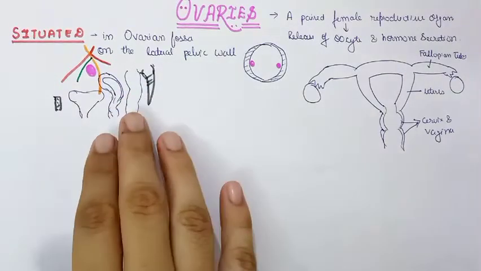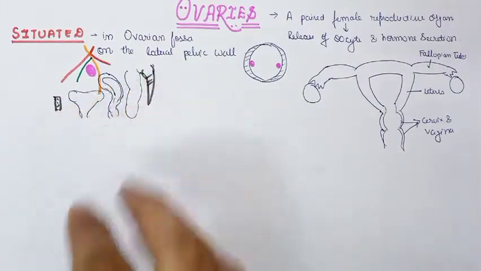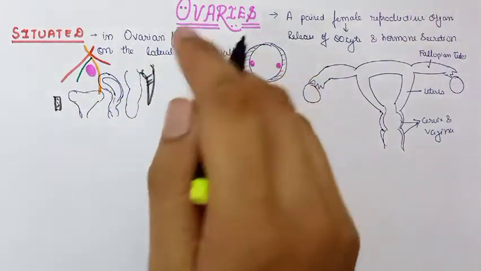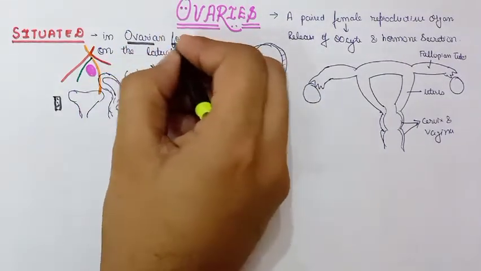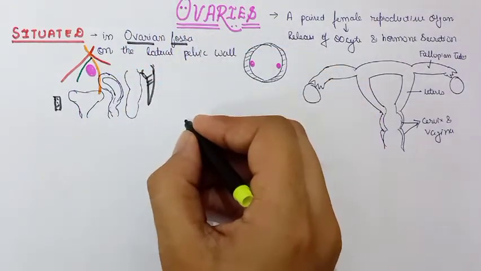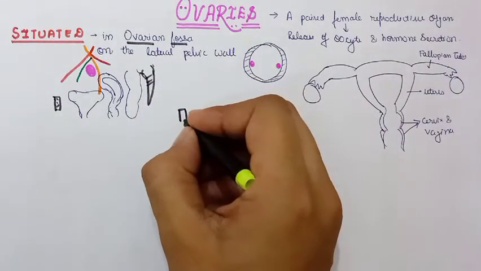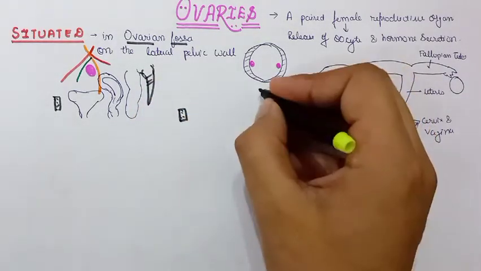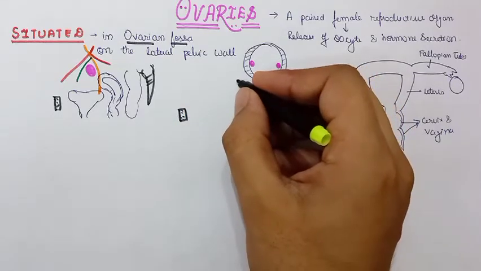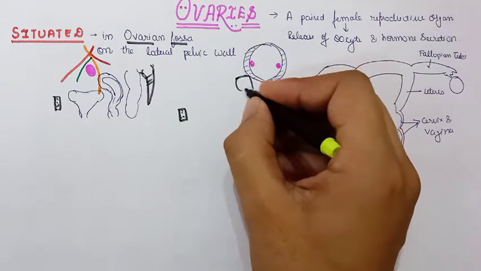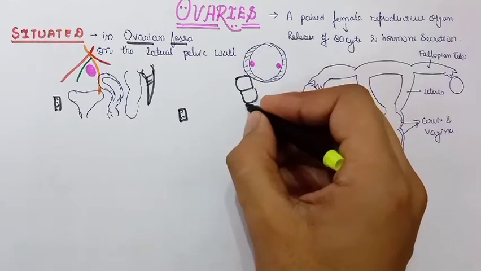So let us draw this diagram once again and remove all the unwanted structures and concentrate mainly on the ovarian fossa. Firstly, we draw the bony walls or the bony part. Anteriorly we have the pubic symphysis, posteriorly we have the sacrum and the coccyx.